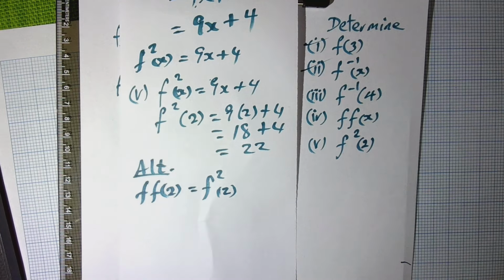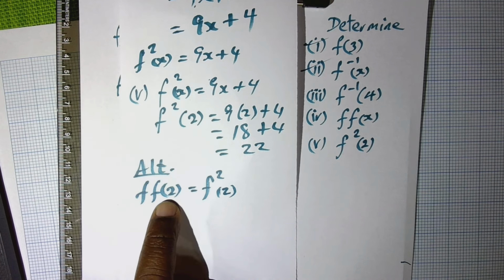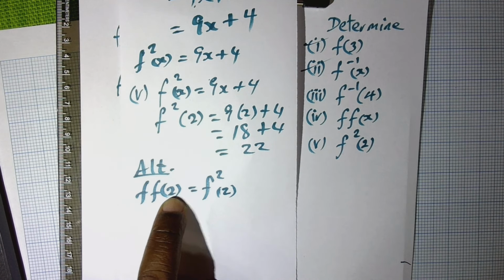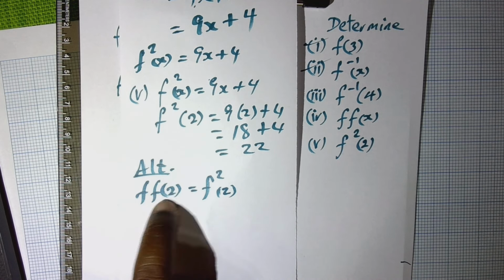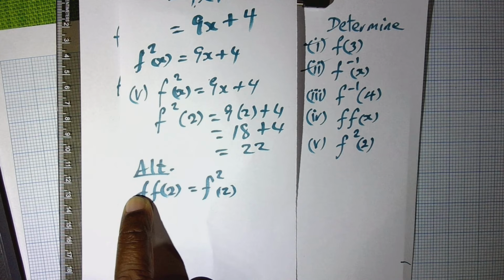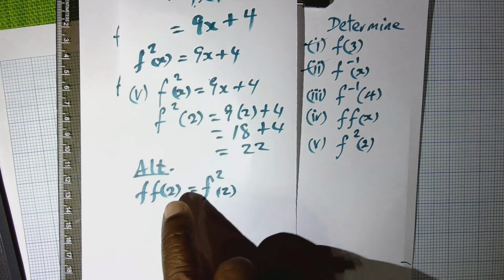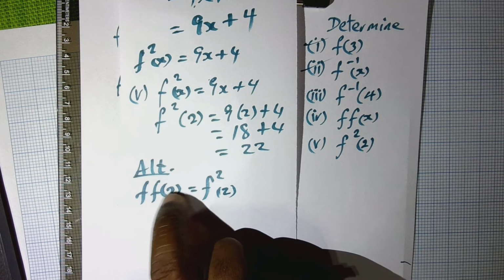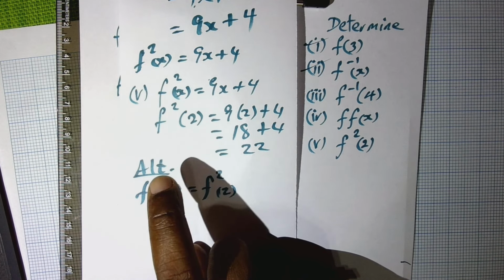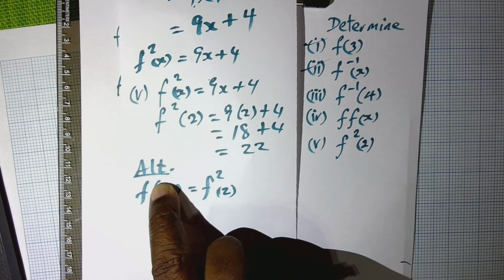All right. First of all, what this means is that with 2, we go backwards. So 2 goes into the f function, we get the value, and then that answer we put into the f function. We're going this direction. So 2 goes into f, we evaluate f of 2 in other words. When we get that answer, we're going to put that answer where?